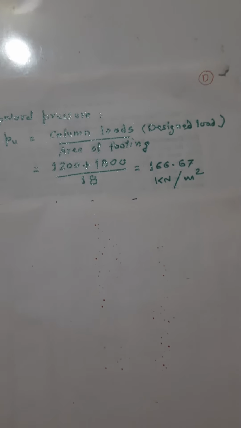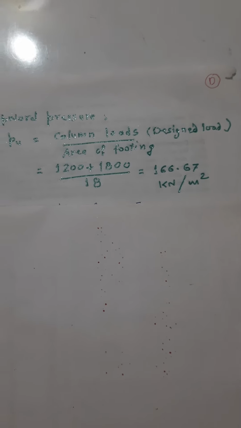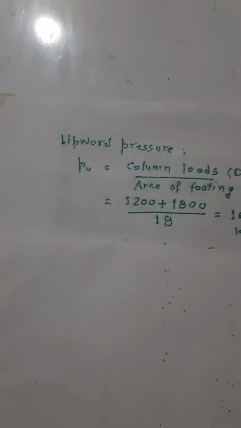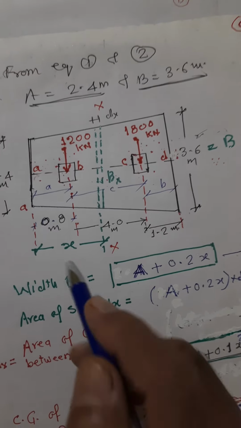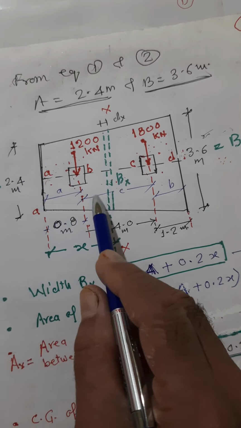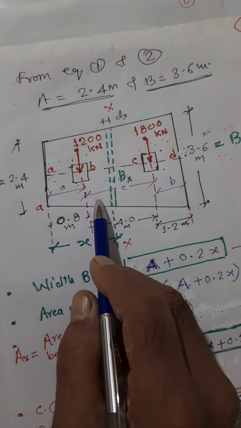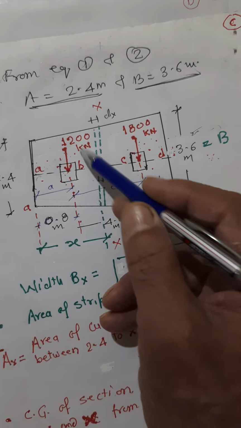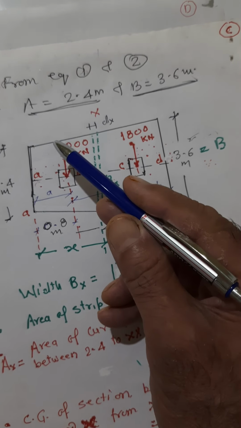Once the upward pressure is known, then we can very easily calculate the shear force at any distance from here. How? Upward pressure multiplied by that area will give the force.